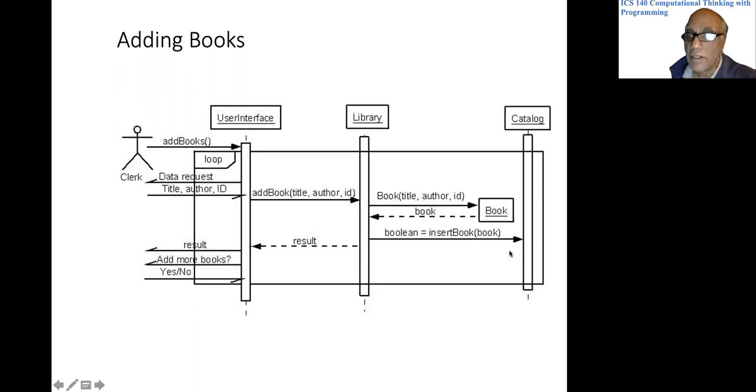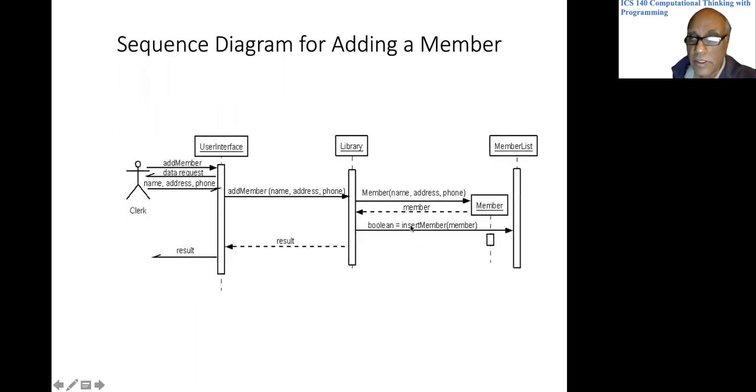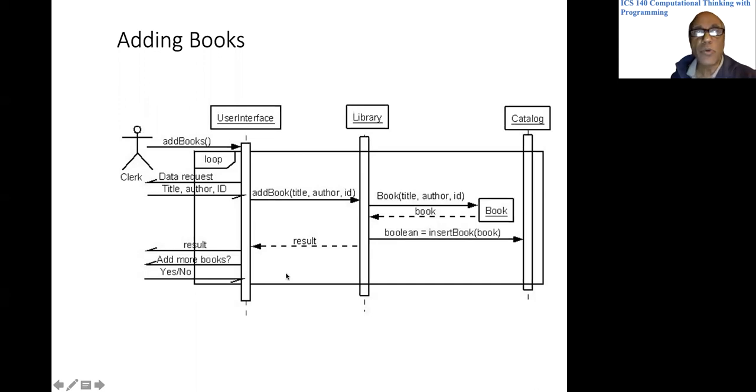Similarly, we see that insert book has to be a method in catalog, or insert member has to be a method of member list. That member has to have this constructor, and so on. So after we finish all the sequence diagrams, we can draw the class diagram by capturing the information we have in the sequence diagrams.